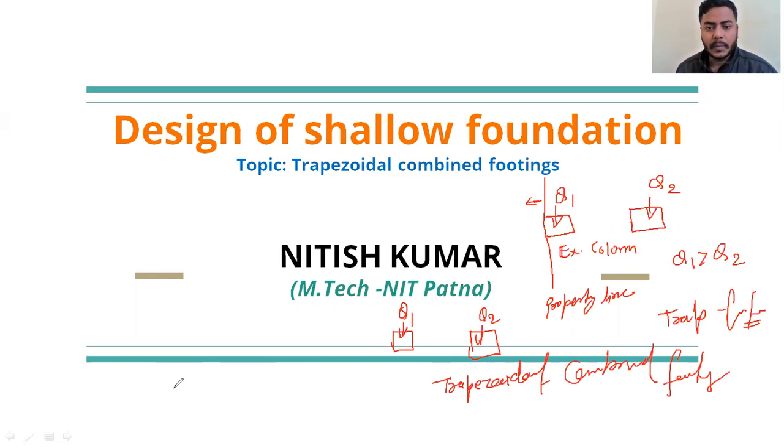One thing you have to remember, which we will always apply in the design of footing: the total resultant of the loads will come at a particular line or particular point. So the center of gravity should lie on that line. Suppose these are the two columns Q1 and Q2, and this is the trapezoidal footing.